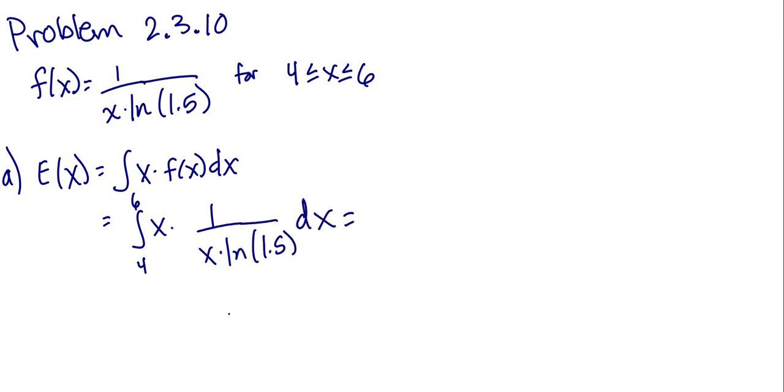dx. Now you'll notice here our x's cancel, which is quite nice. So we just have the integral from 4 to 6 of 1 over natural log of 1.5 dx. At this point, I usually put it in my calculator, but we could do it quickly. This 1 over natural log of 1.5 is just a constant. It's just some decimal number. And so when you integrate it, you bring constants out.